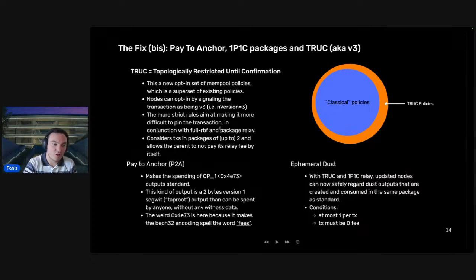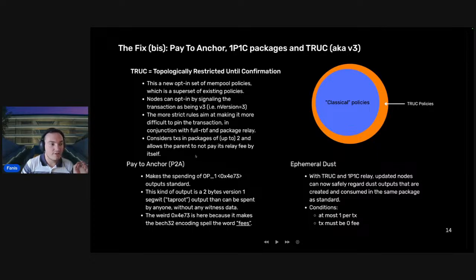So as a reminder, full RBF is the fact that now all transactions are considered to be eligible for replace by fee, and package relay. Because package relay means that you can consider transactions as a group of dependent transactions, for example, a parent and a child transaction, and consider the whole package instead of considering each transaction independently.